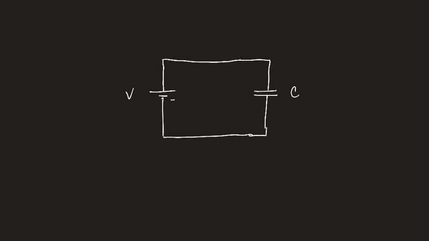The negative side of the battery is electron rich, and the positive side of the battery is electron deplete. Those aren't fancy terms.